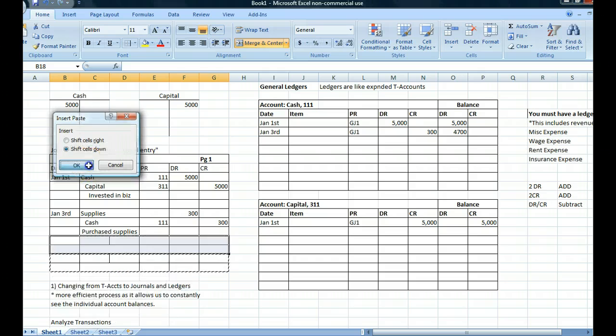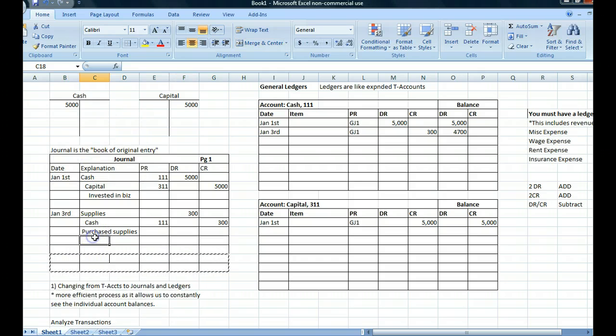And I'm going to shift down. Okay. So in this example, I'm going to receive revenue. So let's say on January 5th, I received revenue of $500 from customers.